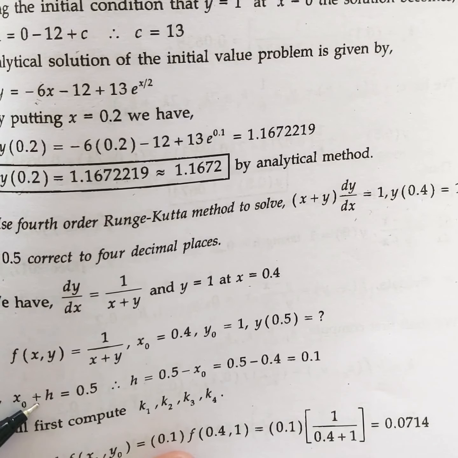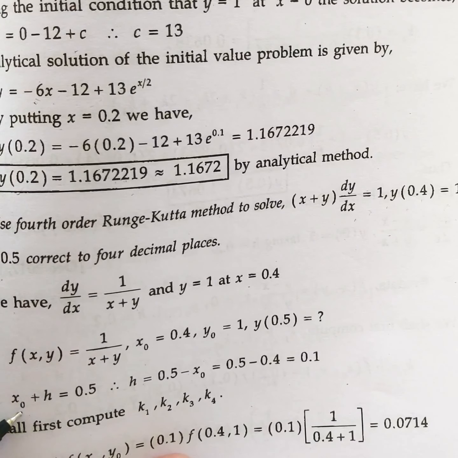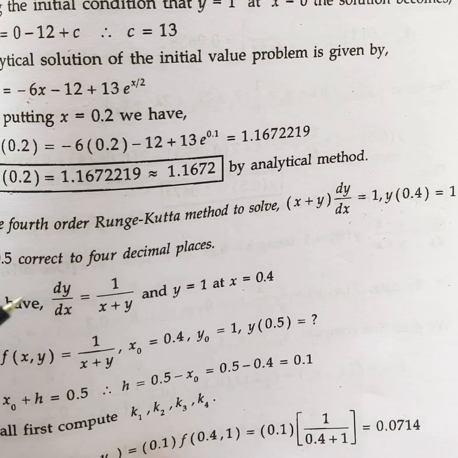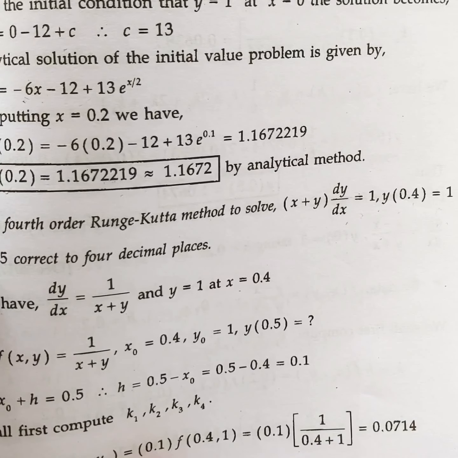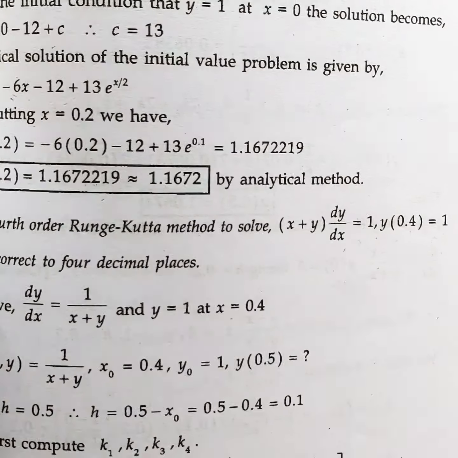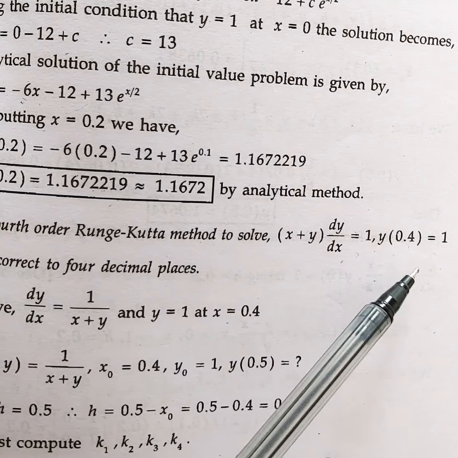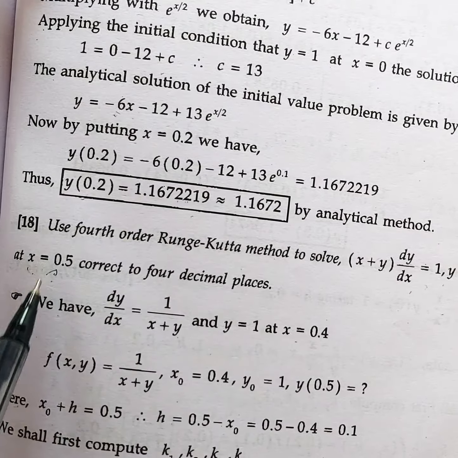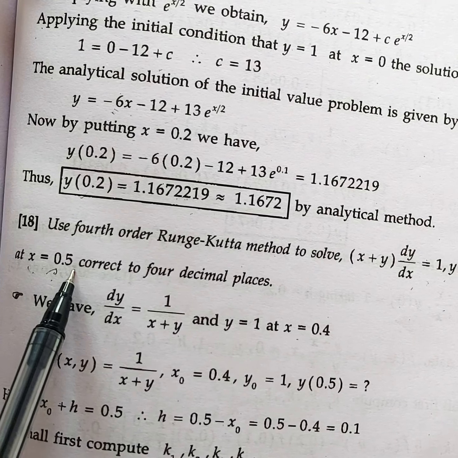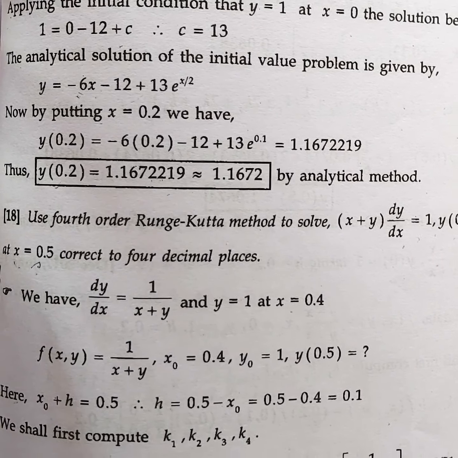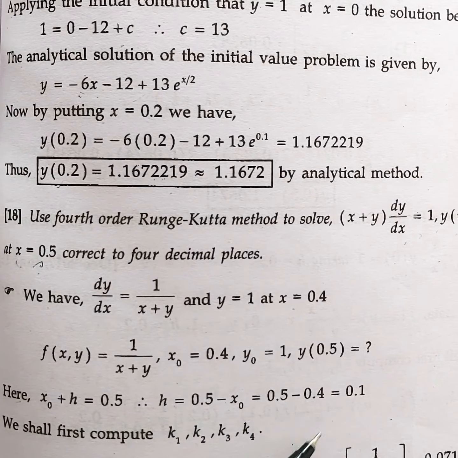So, I have written x naught plus h is equal to 0.5. X naught is my initial value, substitute that, you will get h. Or else you can say given point is 0.4, what we have to find is 0.5. Okay, given point is 0.4, right? Y at 0.4 is given. They are asking you to find y at 0.5. So, what is the difference between 0.4 and 0.5? 0.1. So, your h is 0.1.